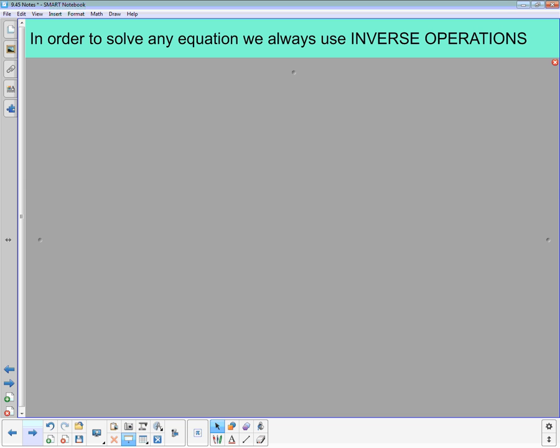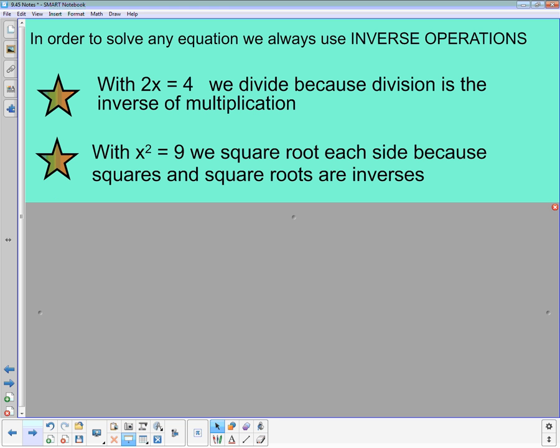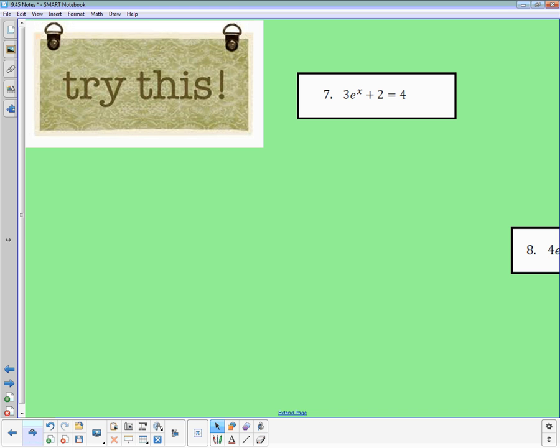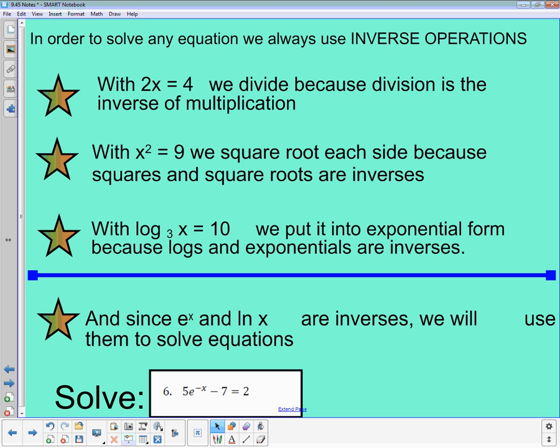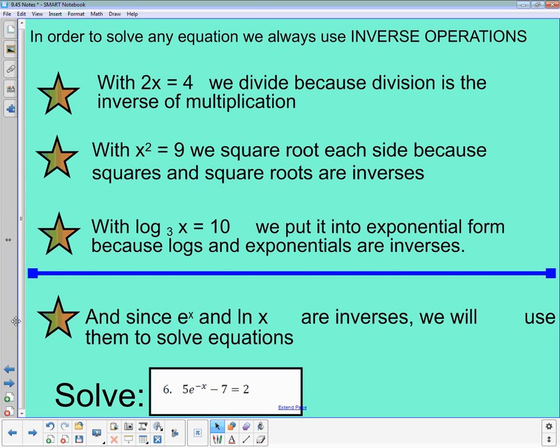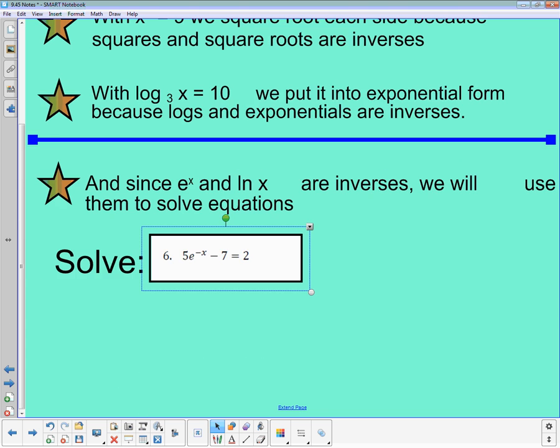In number 6, it says 5 times e to the negative x minus 7 is equal to 2. So I am going to start by solving just like I normally would.